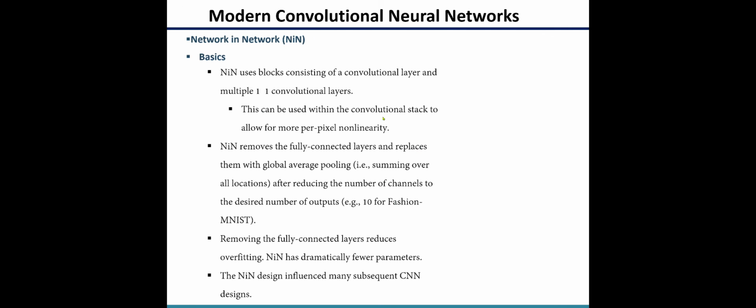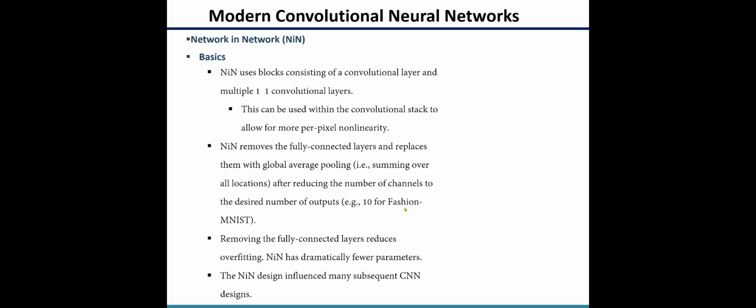Next we have network in network, NIN. Network in network also uses blocks consisting of a convolutional layer and multiple 1x1 convolutional layers. This can be used within the convolutional stack to allow for more per-pixel nonlinearity. NIN removes the fully connected layers and replaces them with global average pooling, summing over all locations, after reducing the number of channels to the desired number of outputs.